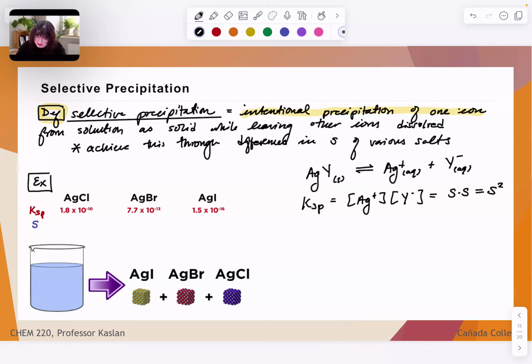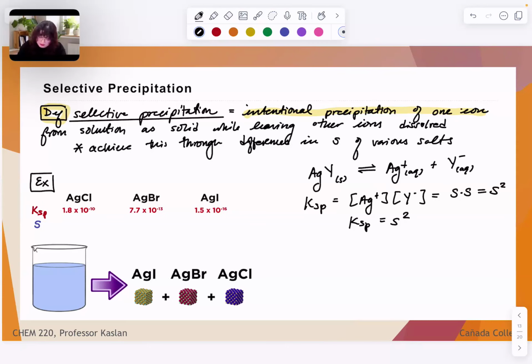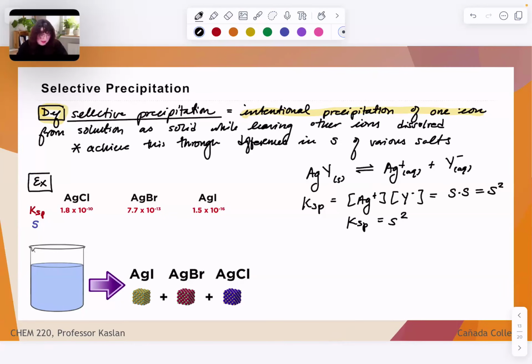So if KSP is equal to S squared here for our particular salt, then S for the silver chloride is going to be our 1.8 times 10 to the negative 10 raised to the 0.5 power, taking the square root of that. I get 1.34 times 10 to the negative 5 moles of solid dissolvable per liter.